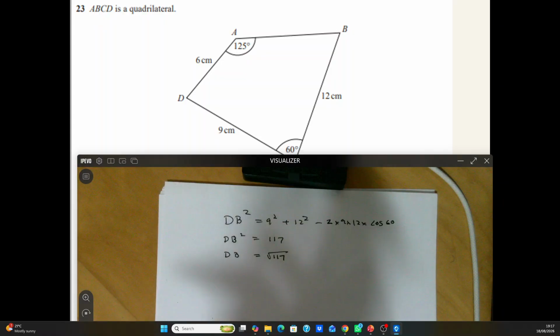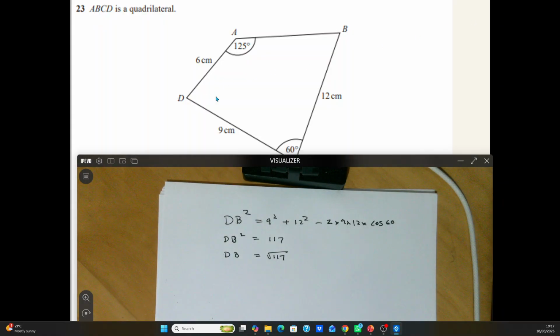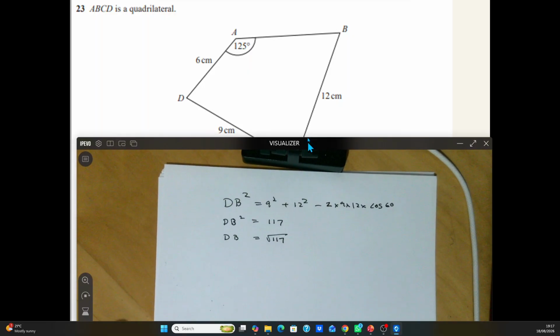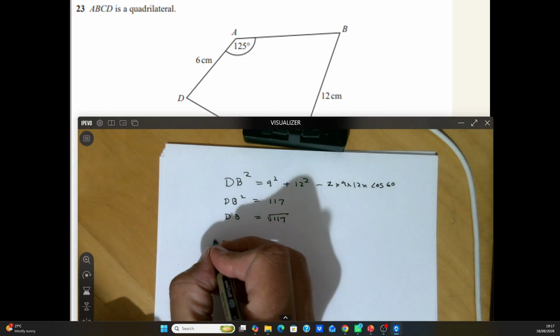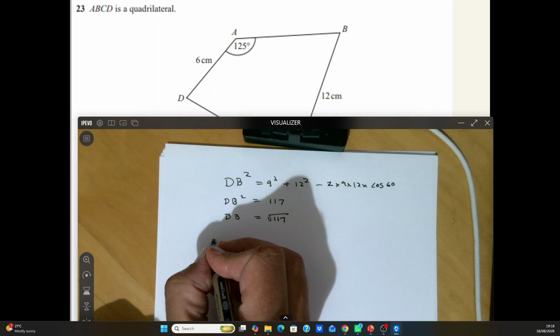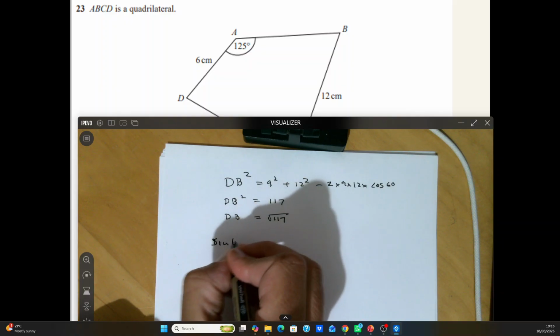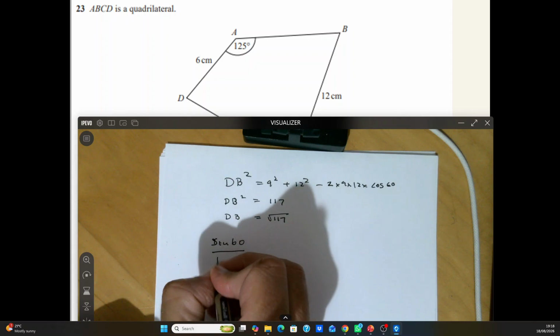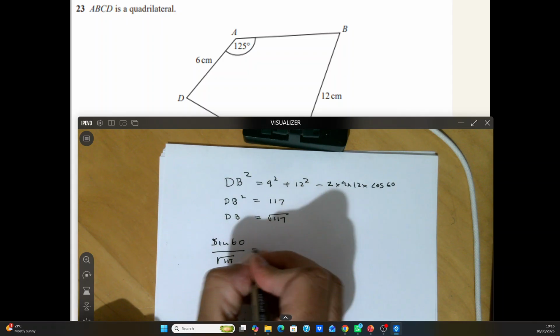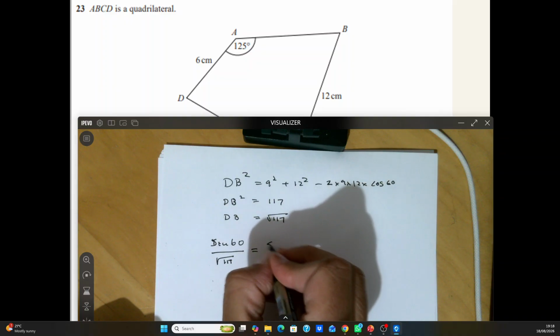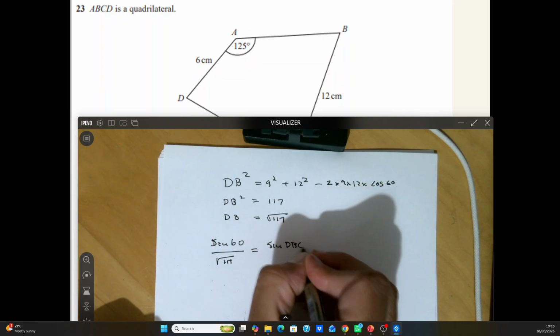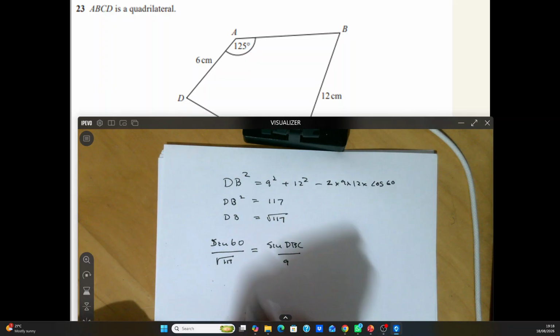Right, using that, I can use the sine rule to work out this angle here, the angle DBC, because sine 60 over the square root of 117 must equal sine DBC over 9.